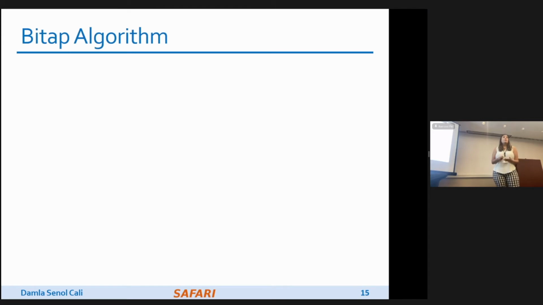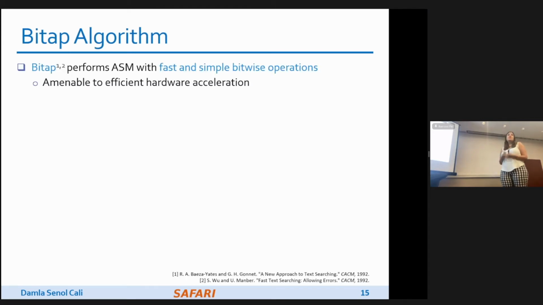So in this work, we focus on the BiTAP algorithm. This is an old algorithm from the 90s, but it was never used for approximate string matching in genomics, and the reasons we will cover. But we picked BiTAP because it only has fast and simple bitwise operations, making it extremely amenable to hardware acceleration.